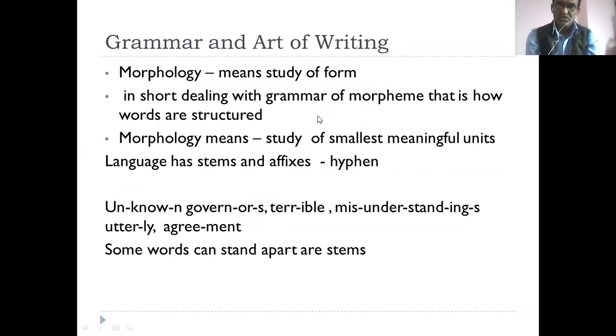In short, morphology deals with the grammar of the morpheme. It is a systematic study of how words are structured, in what way words are formed, which means the study of form.